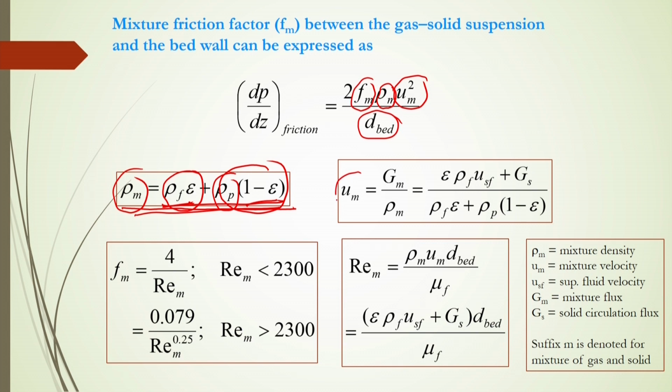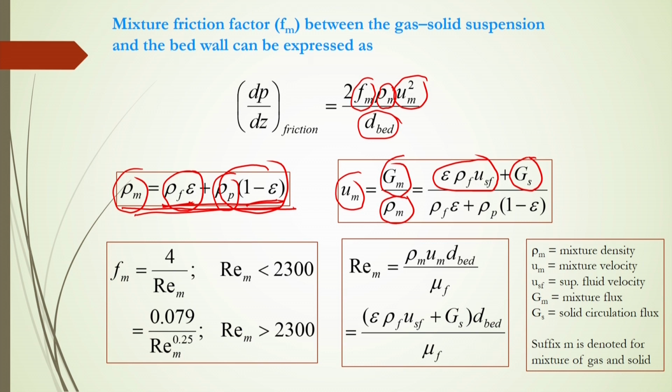How to calculate this mixture velocity? Mixture velocity is nothing but the mass flux of the mixture of gas and solid inside the bed divided by the density of the mixture. What will be the Gm? Gm is nothing but the mass flux of the fluid plus the mass flux of the solid.